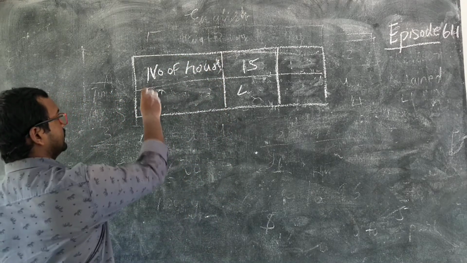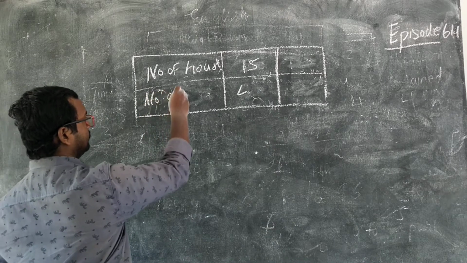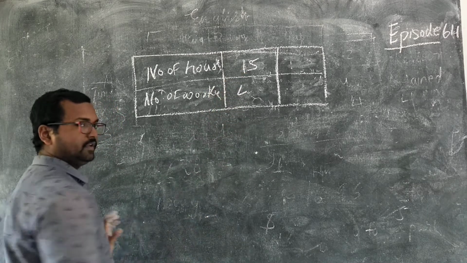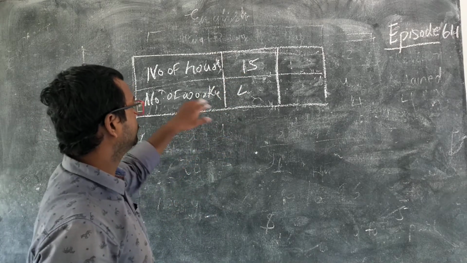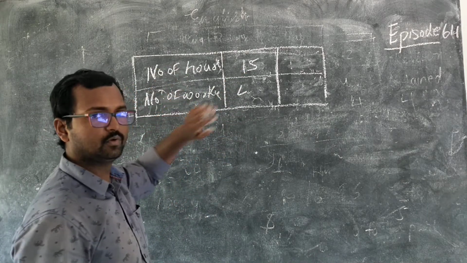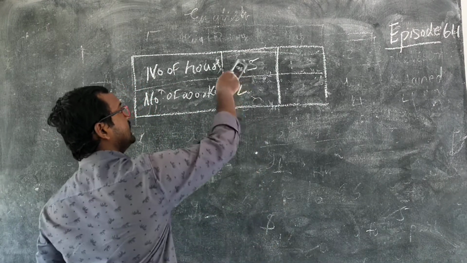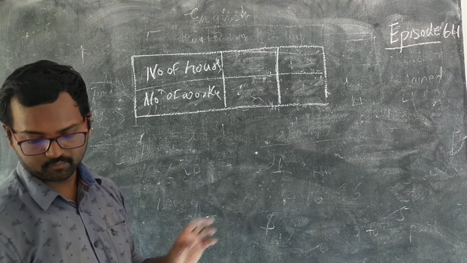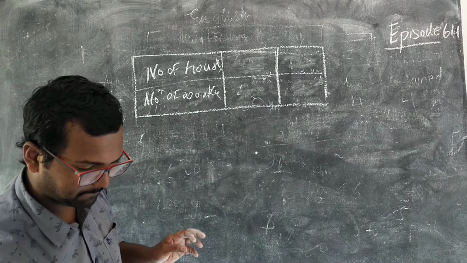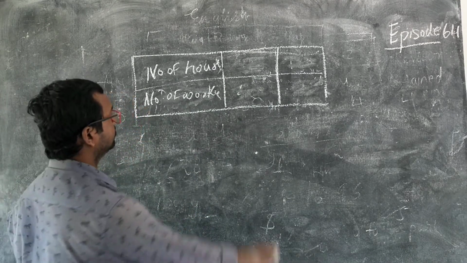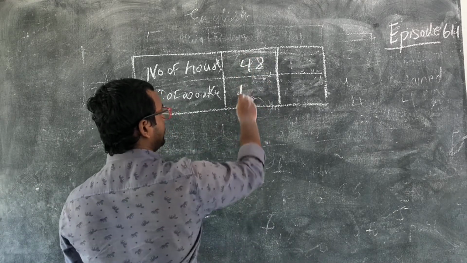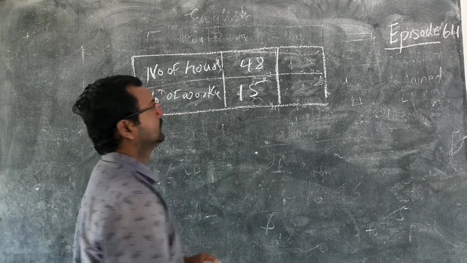Number of hours is equal to number of workers. We can put 15 by 4 also, 4 by 15 also. We can put this on the top, this on the bottom also. It makes no difference. We will get the same answer. But to avoid confusion, I am following the book one. Okay. So here number of hours is 48. How many people work? 15 people work.